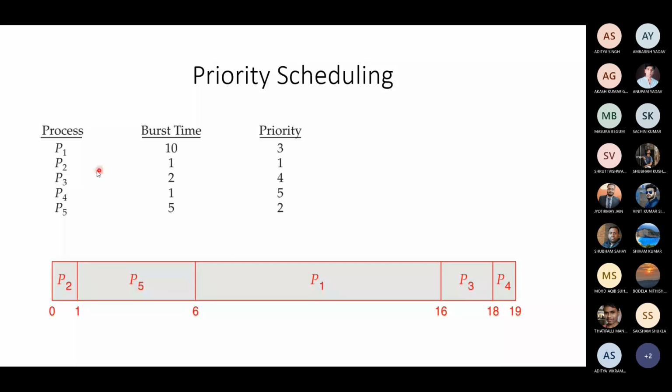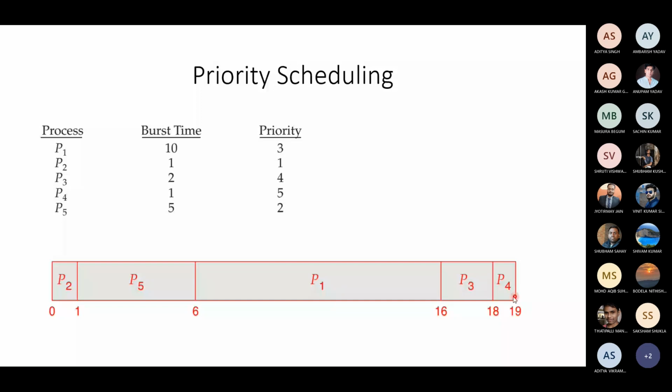Priority 1 is P2. So P2 will be scheduled first, irrespective of its burst time. Based on the priority only, we will schedule. Then the second priority is P5. P5 is scheduled second. Then the third priority is P1. P1 is scheduled. Then the fourth priority is P3. After that, P3 is scheduled. Then the last, fifth priority, P4 is scheduled.